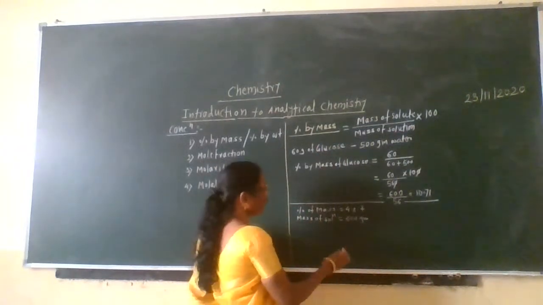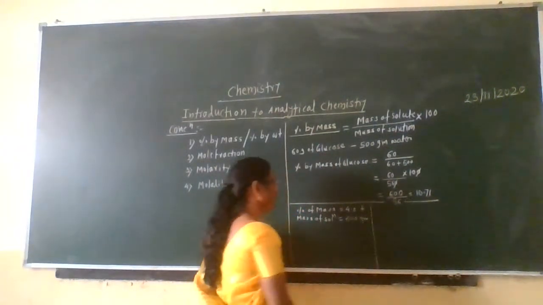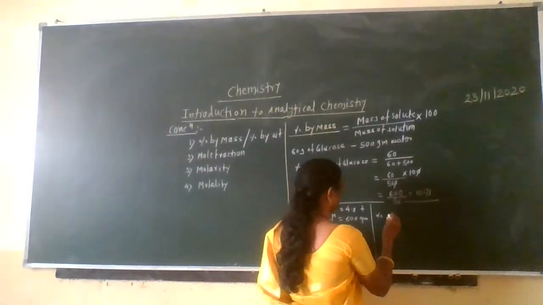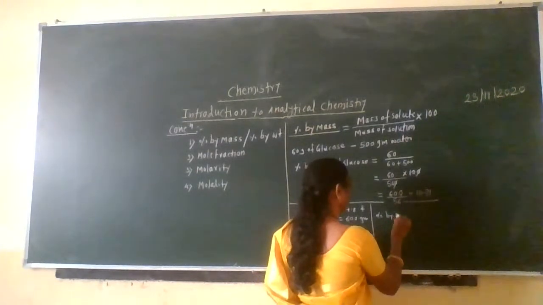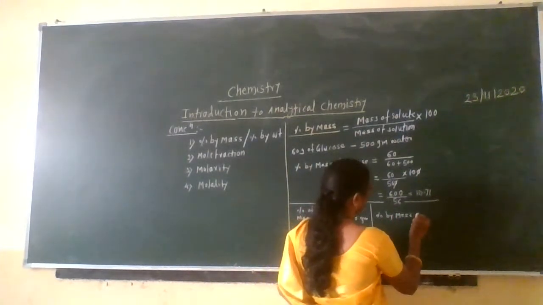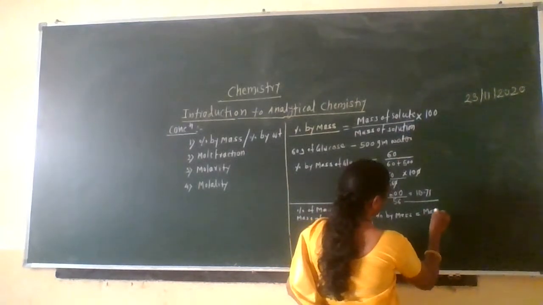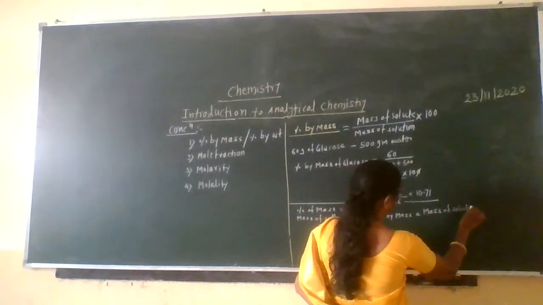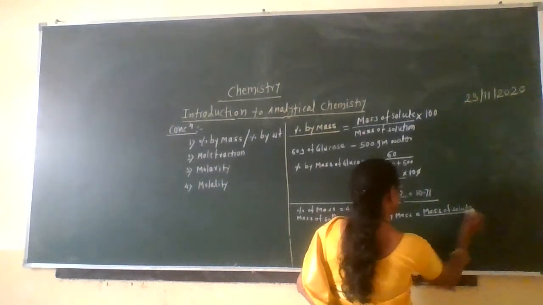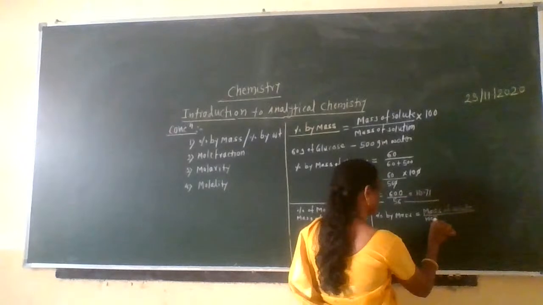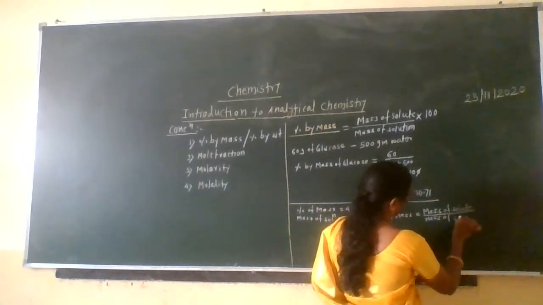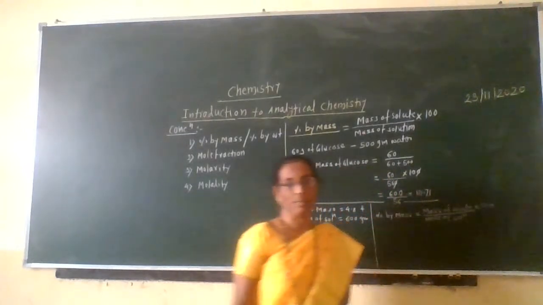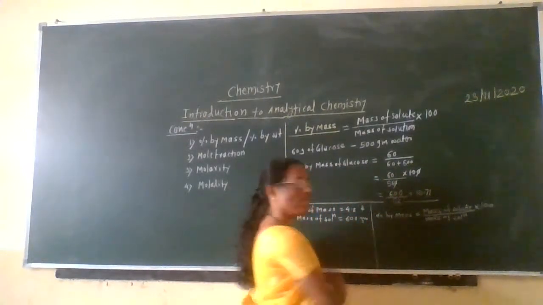Therefore, according to the formula, what can we write here? Percentage by mass is equal to mass of solute divided by mass of solution multiplied by 100. This is our formula. And here the percentage by mass is given.